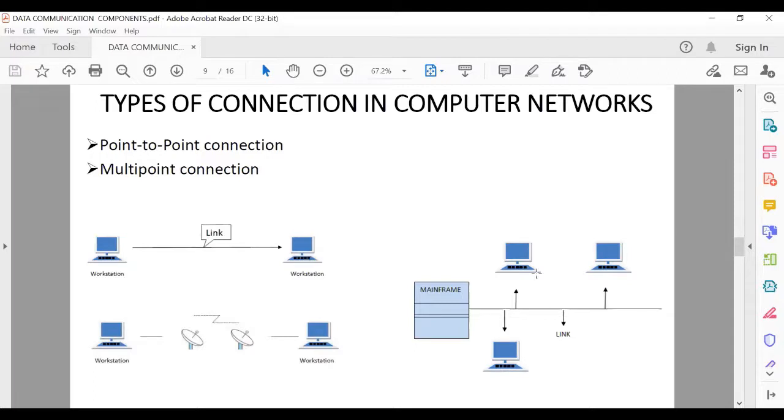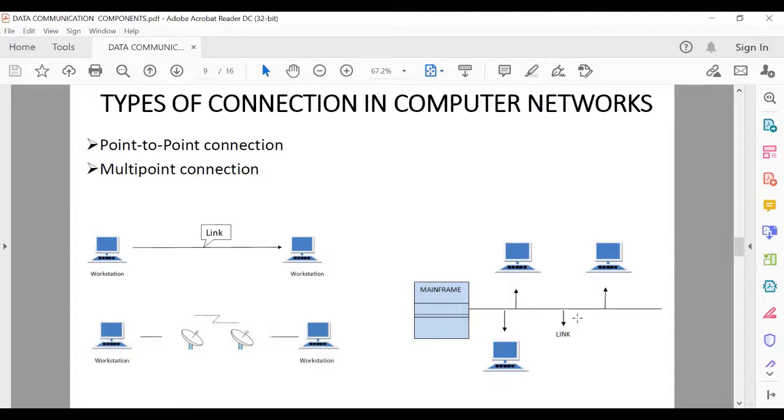Another is the multi-point connection, also called multi-drop configuration connection. Here two or more devices share a single link like this. There are two kinds of multi-point connections. One, if the link is used simultaneously between many devices, then it is a spatially shared line configuration.